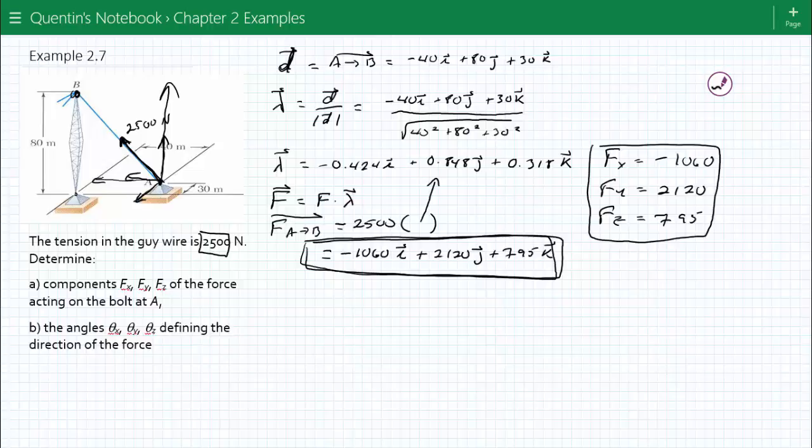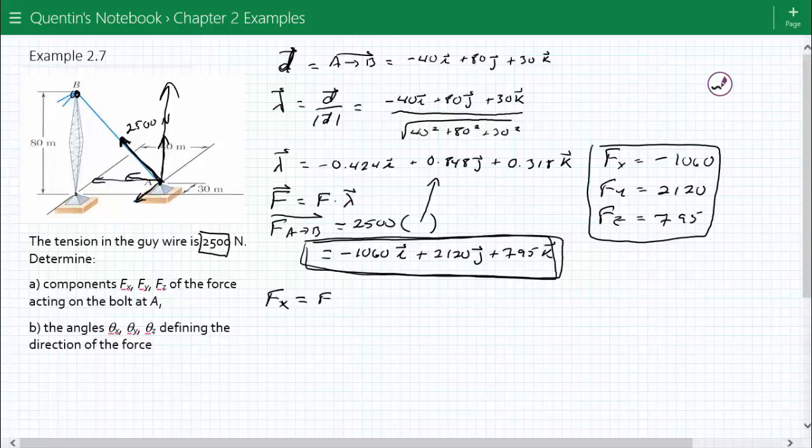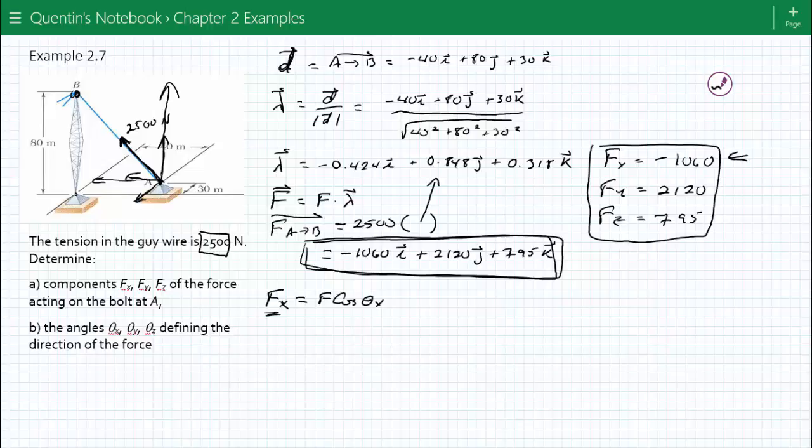Now what is part B? Part B is asking us to determine the angles theta x, theta y, and theta z. Well, how do we do that? We go back to this understanding of what is Fx, or what is theta x, theta y, theta z. Well, what is Fx? Do you remember this, Fx is F cosine of theta x. Well, we know Fx, right? It's right there.